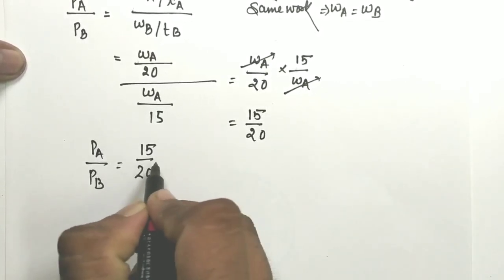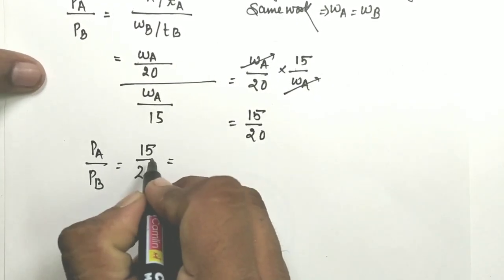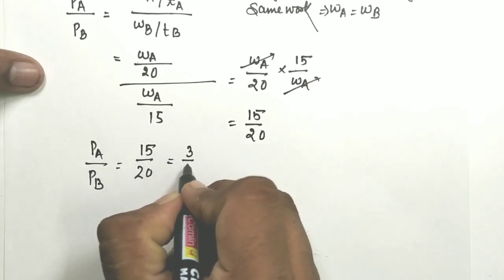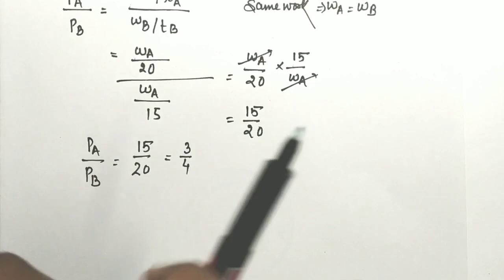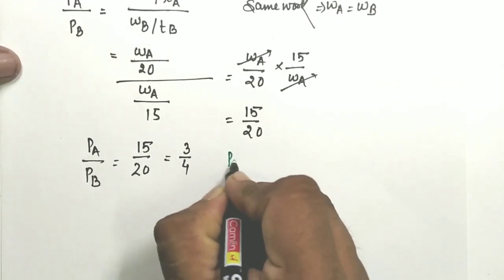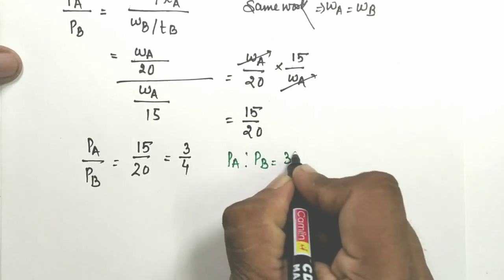If we cut it into the simplest form with the help of the table, 5 3s are 15 and 5 4s are 20. So the ratio of the power of these two girls, PA is to PB, is equal to 3:4, which will be the answer.